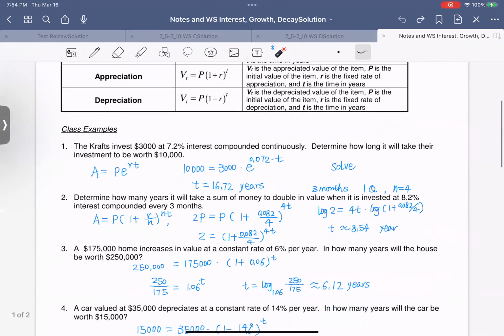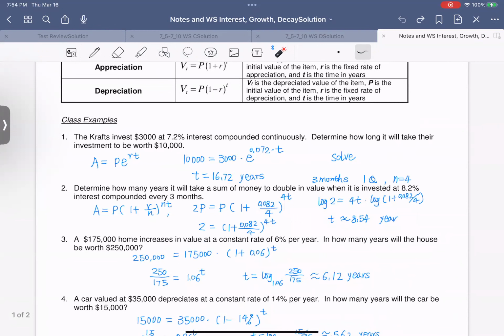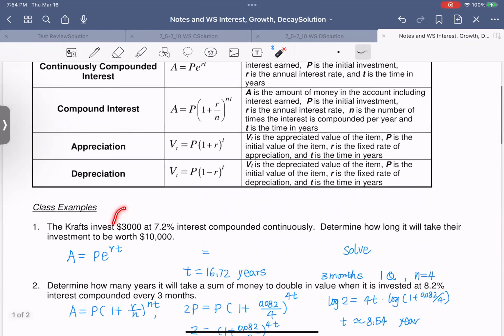And then let's do a few questions here. So the model here, they are using invest this, and this is called compounded continuously. And they want you to see how long it takes to make the money worth $10,000.